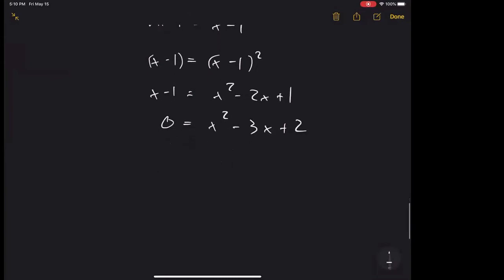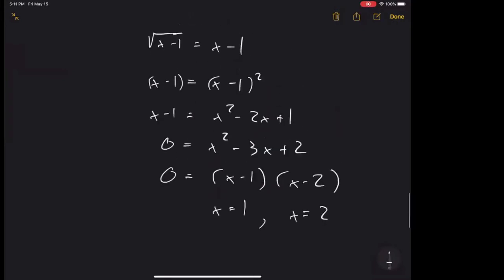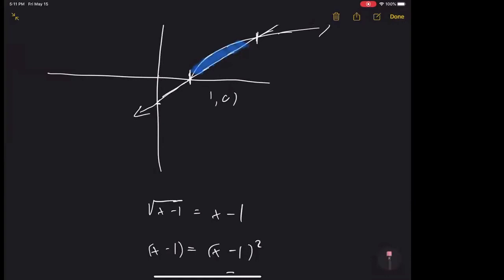I get this, and then factoring, I can factor this as (x minus 1)(x minus 2). So this has solutions x equals 1 and x equals 2. So these curves intersect at x equals 1, and this point would be x equals 2.